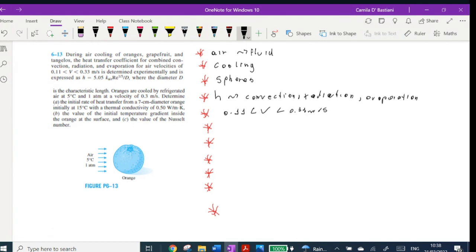It is determined experimentally and is expressed, so for this range of velocities, I can say that my heat transfer coefficient is equal to 5.05 k of the air multiplied by my Reynolds number to the exponent 1/3, divided by D, okay? Where the diameter is the characteristic length. My characteristic length is my diameter.